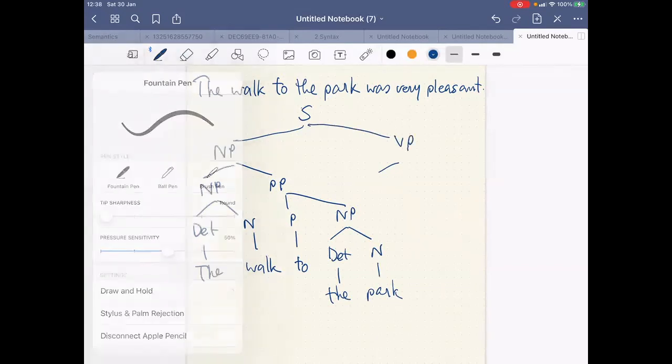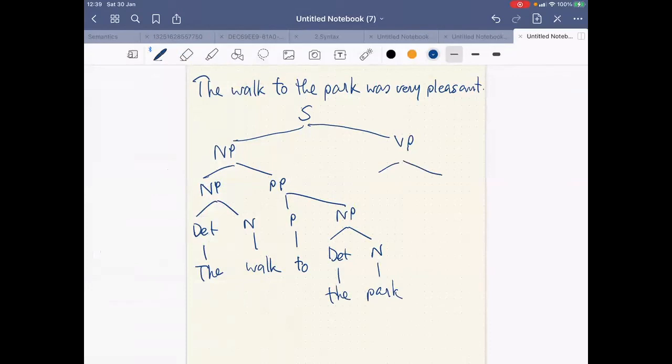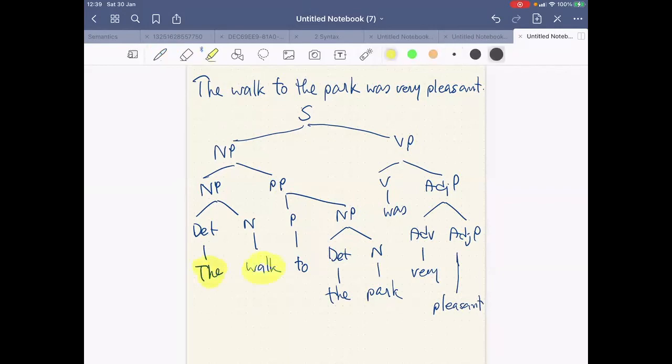And yeah, we have the verb was and adjective phrase where we have adverb and adjective. Very and pleasant. Okay, so the walk to the park was very pleasant.